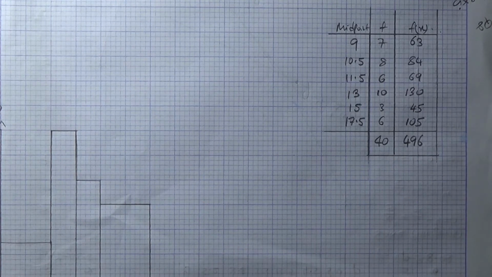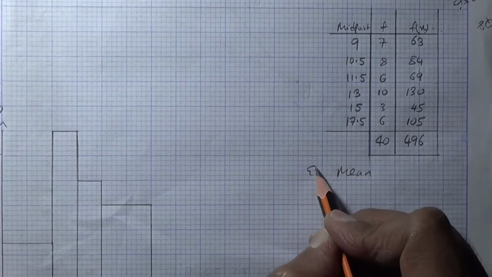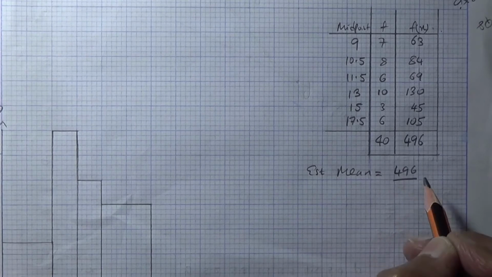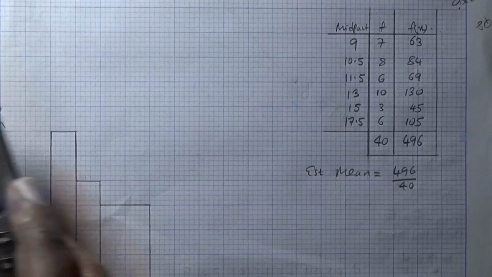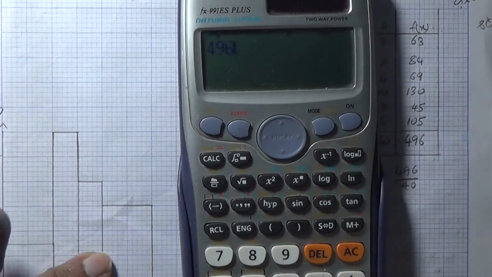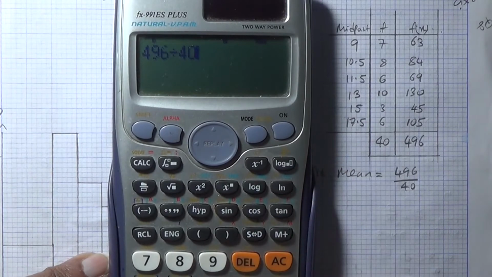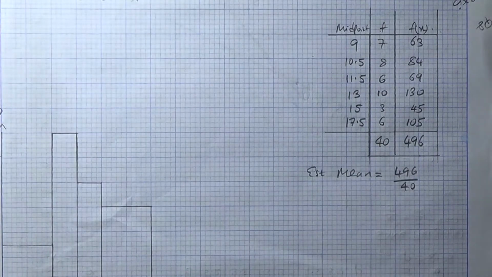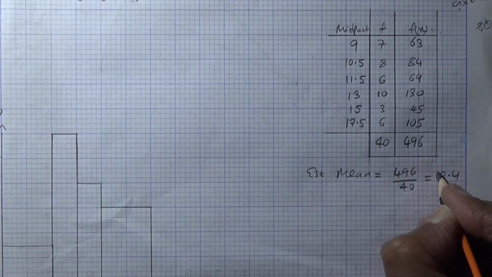And from here we can find the mean. So an estimate of the mean is going to equal 496, which is fx, over f, which is 40. So 496 divided by 40 is going to give us 12.4. So the estimated mean is 12.4.